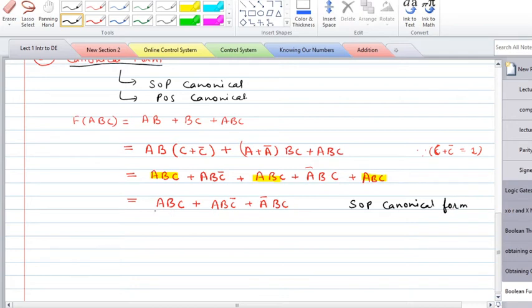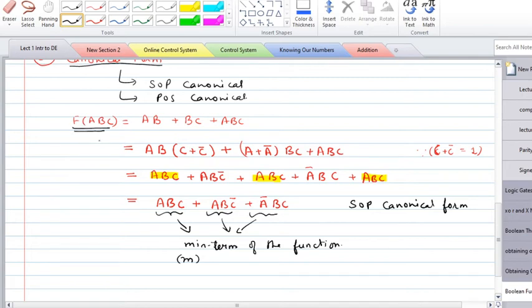Now each term of this SOP canonical form is known as a min term of the function. Please remember, a min term is represented by a small m. So all these three terms are actually the min terms of your given function f(a, b, c).